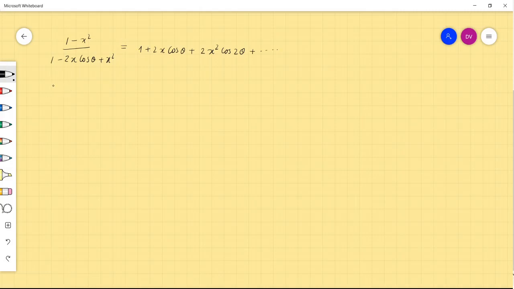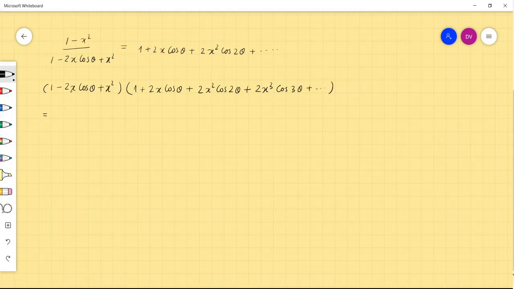For that, we evaluate the product (1 − 2x cos θ + x²) into (1 + 2x cos θ + 2x² cos 2θ + 2x³ cos 3θ + etc.).